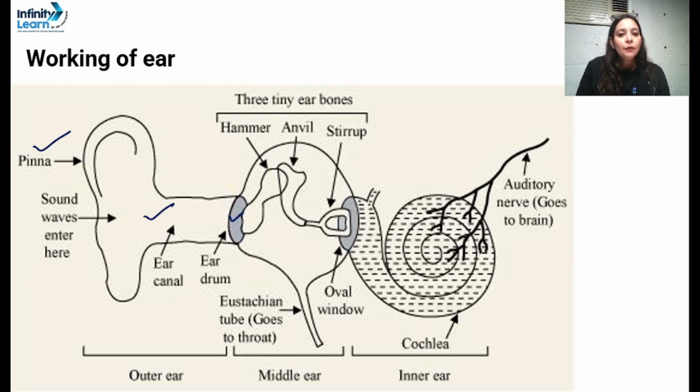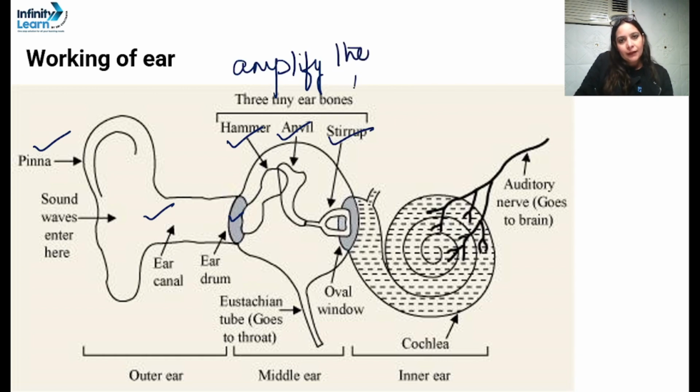Then talking about middle ear, you can see that three bones are here. It's a hammer-shaped, malleus. Then you have incus, anvil-shaped, and then you have stapes, which is stirrup. And the function of these bones is to amplify the sound. That is, they increase the amplitude of the vibrations. And then in the inner ear, you can see this snail-like structure is cochlea.